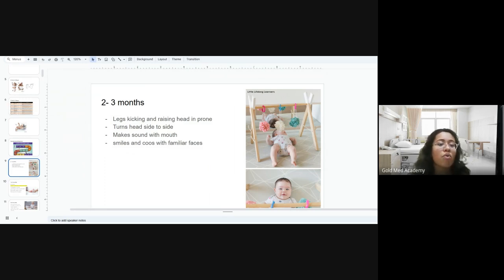Toys that are more appropriate for your 2 to 3 month old are going to be anything where they can shake it, like rattles, which can be super helpful. So those would be things that you'd be looking at: bouncers, tummy time mats that they can lay on, small musical toys, something that provides a little bit of stimulation, things like that would be appropriate for this age group.